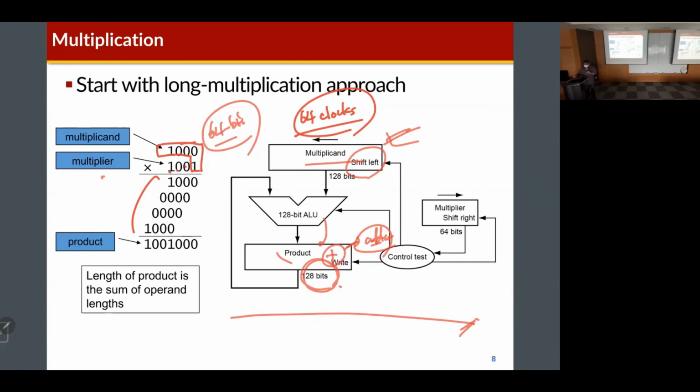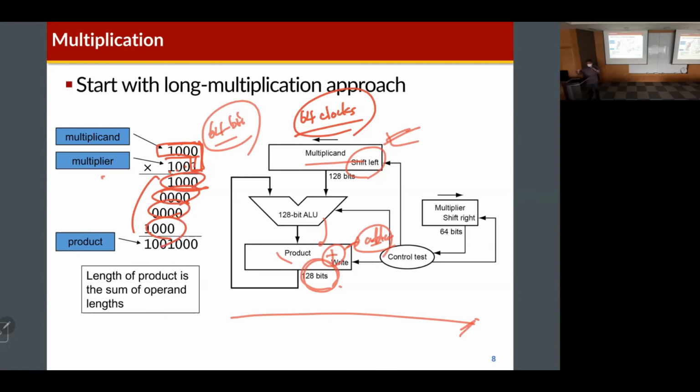If we invest more hardware, we can generate the partial products in a parallel way. And then the generated partial products are just compressed.